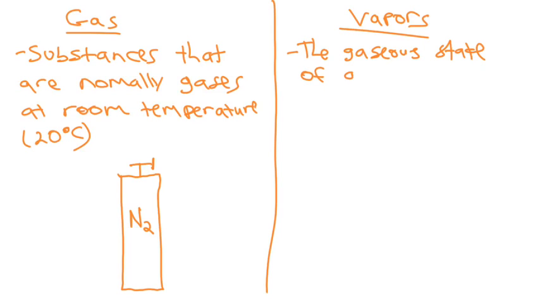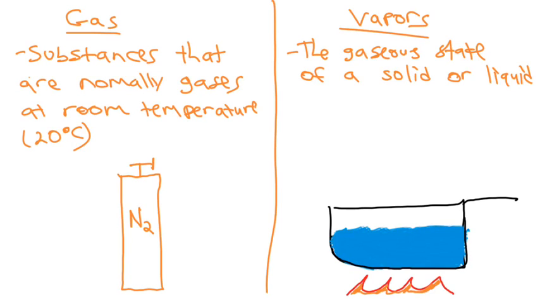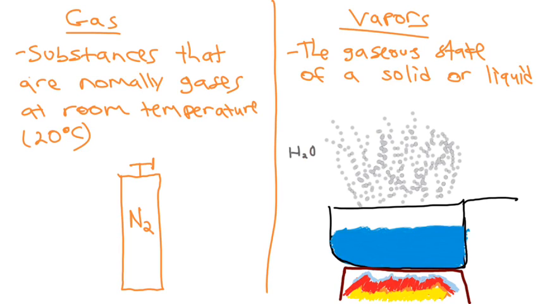Now vapors, on the other hand, describes the gaseous state of a solid or liquid. The way that I demonstrated this was by drawing a pot of water being boiled, right? Because normally water is a liquid at room temperature. But as you start to heat it up, that steam that you see, that's water vapor.